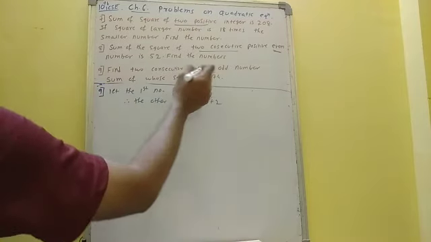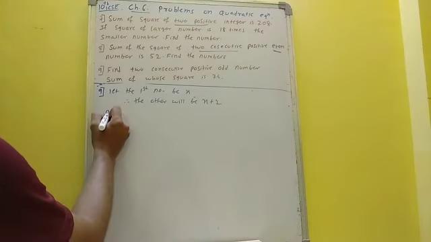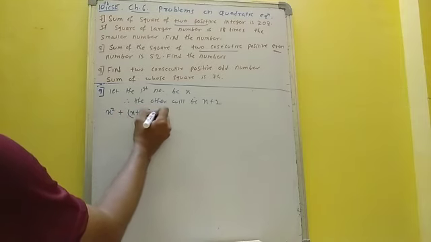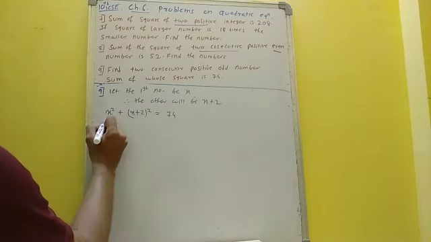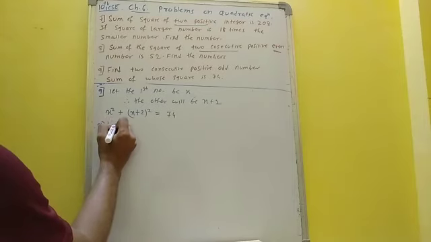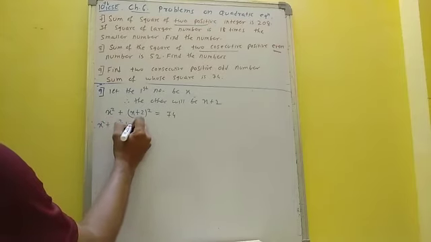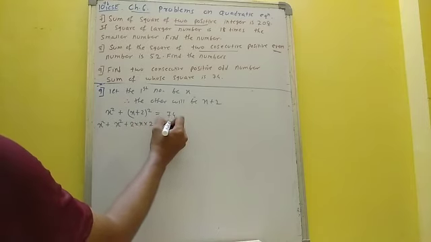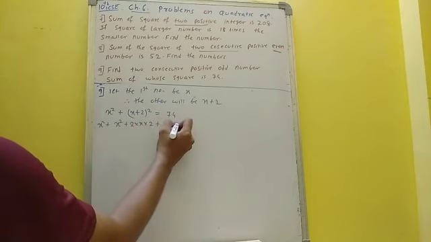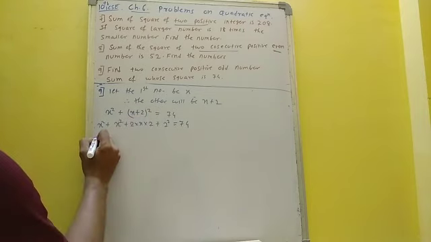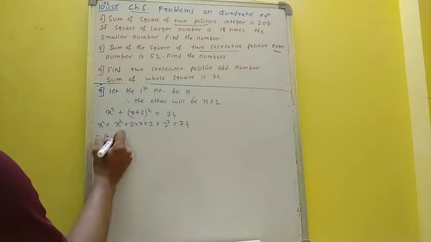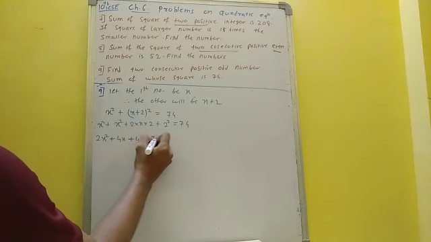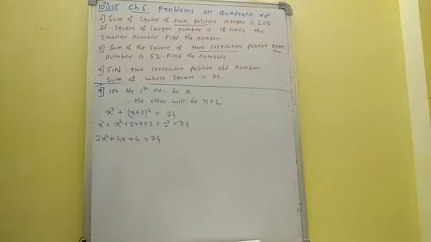So the sum of squares, x square plus x plus 2 the whole square, is equal to 74. So x square plus 2ab plus b square is equal to 74. So x square plus x square is 2x square, plus 4x plus 4 is equal to 74.